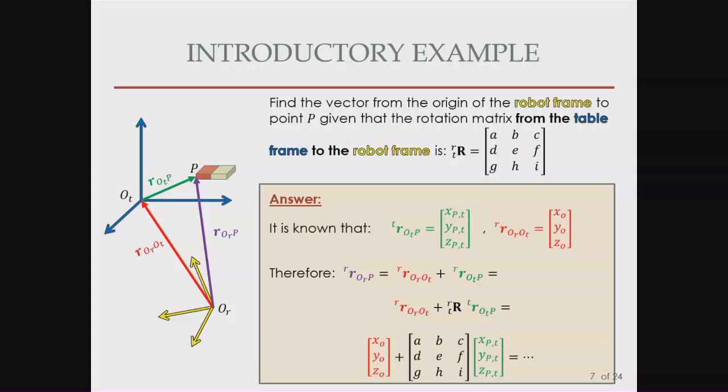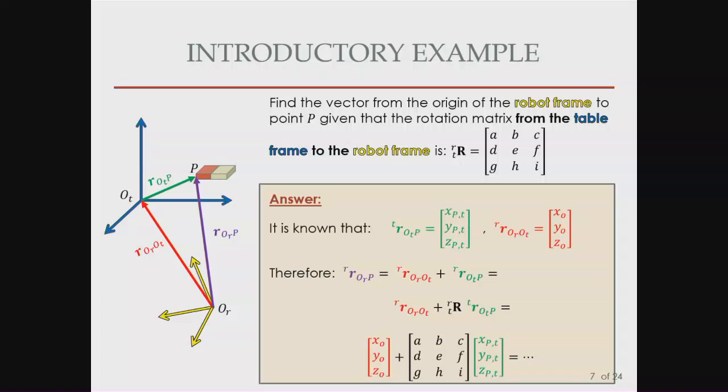So I will need to use the rotation matrix from the table to the robot frame to convert this given vector from OT to P in the table frame to the robot frame. Okay, so I would need to do this multiplication, and then I can sum.